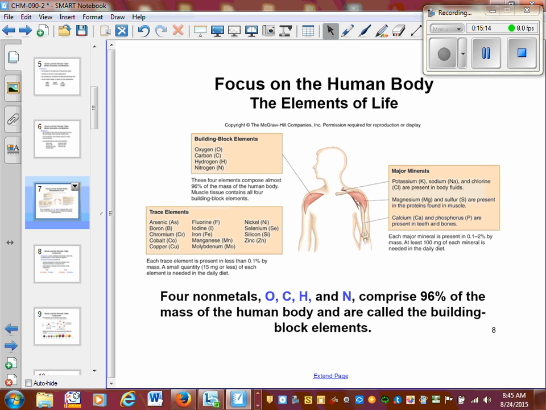Boron, chromium, cobalt, copper, fluorine, iodine, iron, manganese, molybdenum, nickel, selenium, silicon, zinc. Each of those is present at less than 0.1%. I would have thought that iron would have been much higher since it's a component of your blood, but apparently it's only less than 0.1%.